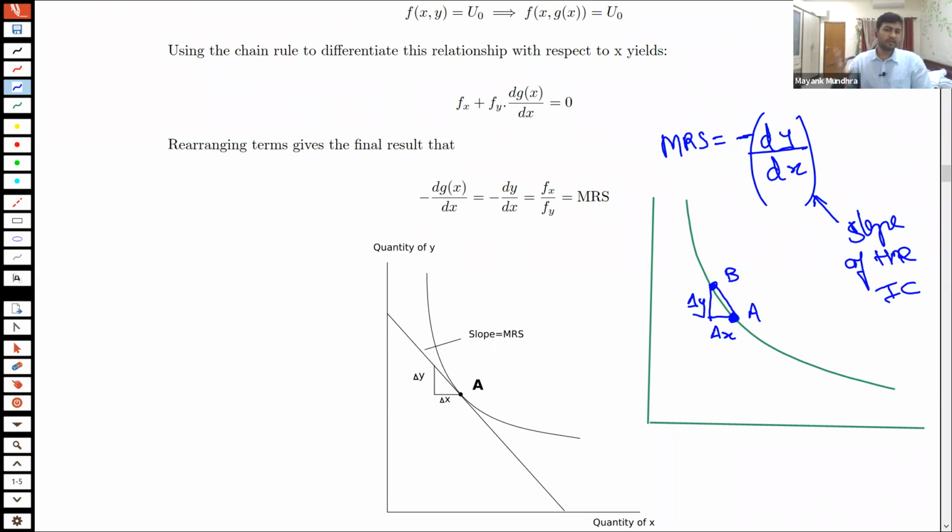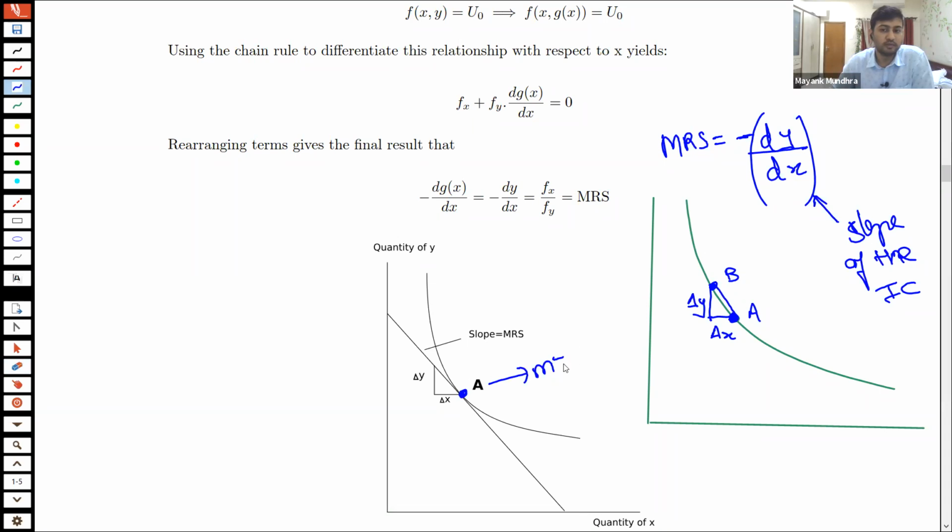Okay, now what is the meaning of MRS? At exactly point A, if the ratio of exchange of good y and good x has the same value as the slope of this curve, then you are going to be indifferent. For example, let's say the slope at this point is -2.